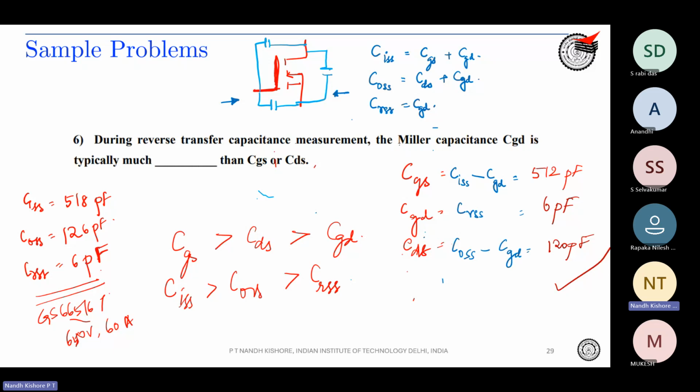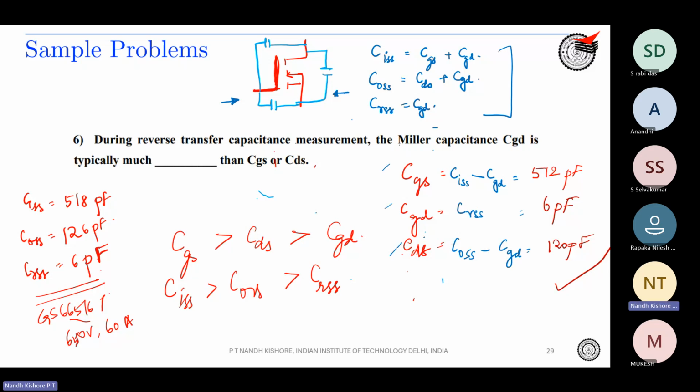See, this is not given in any problem, but I can assure you this is one of the very simplest questions, but it might come. They might give you some data sheet and tell you, okay, this is CISS, COSS, and CRSS. Find out what is CGS, CGD, or CDS. Simple to find out, right? You just know how to find out CISS, COSS, and CRSS.